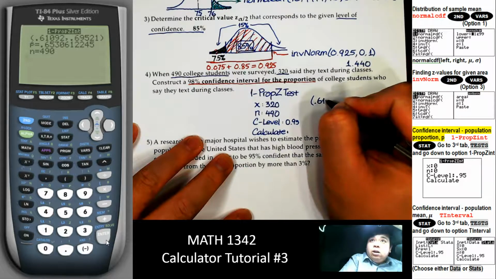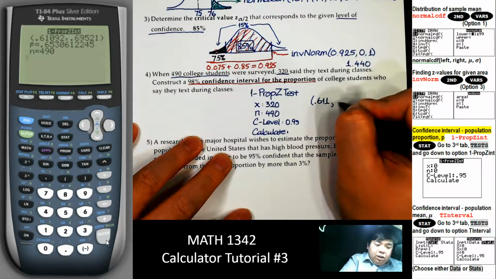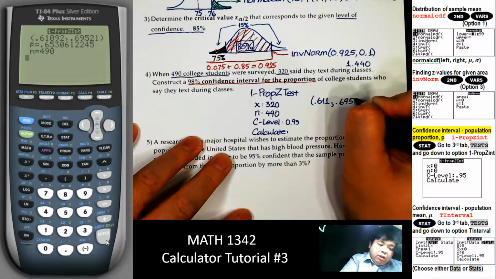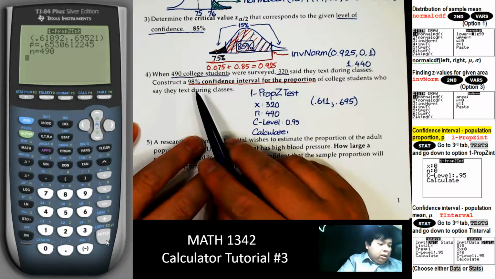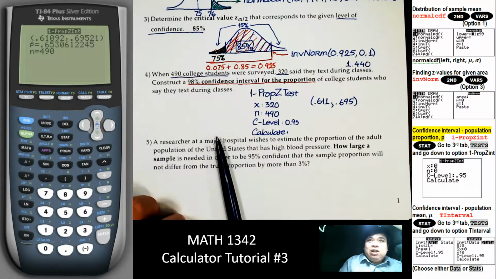So we have 0.611 and 0.695. So which means 95. Wait, the question is 98%. Sorry, I need to change that.